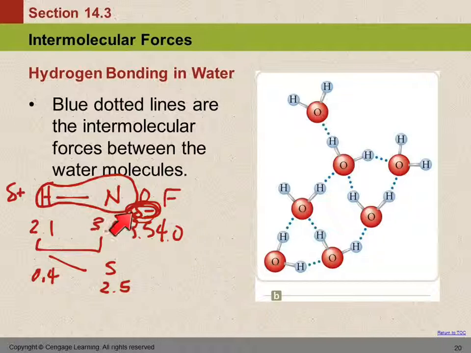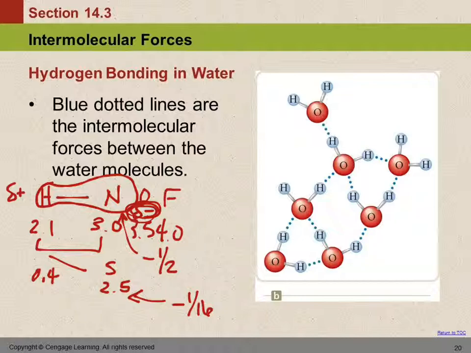So if this was, I'm not saying it is, but if this was a minus 1/2 charge for the nitrogen, and for this one maybe it was a minus 1/16 charge because of the spread of the unequal sharing.